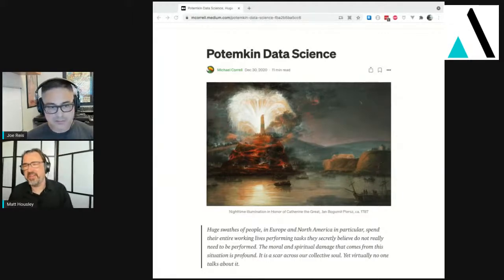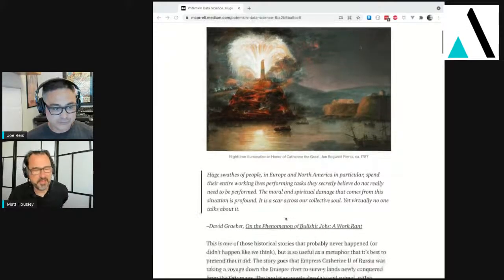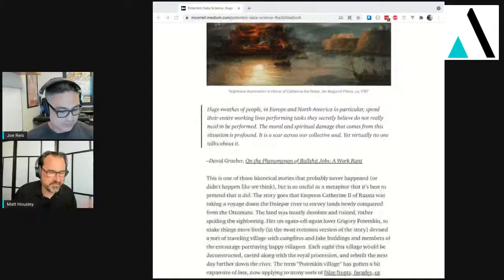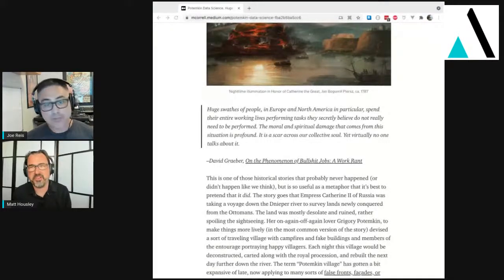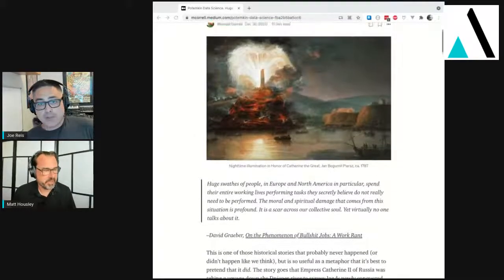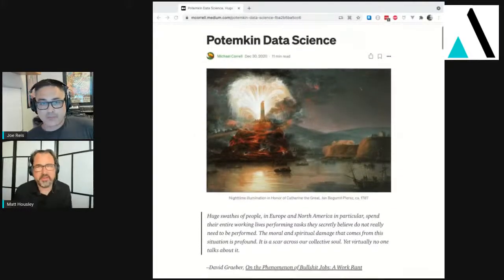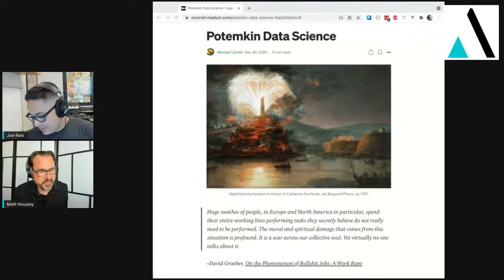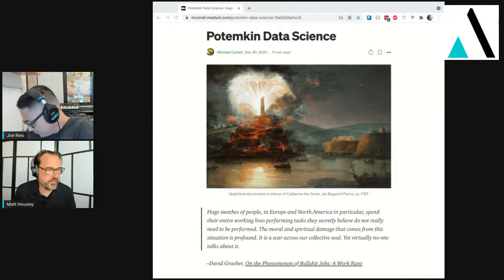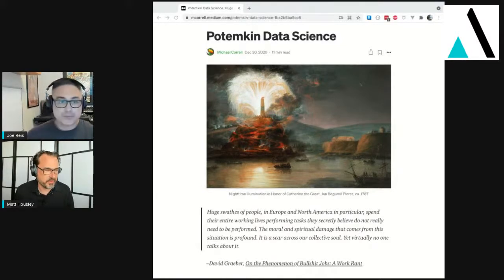It's probably a bit of a legend at this point, but the idea is that Russia under Catherine II conquered new territories in the Ottoman Empire. Catherine II wanted to go see these new territories and see what they were all about. So Potemkin set up essentially these fake villages along the way to make the territories look much more exciting than they actually were.